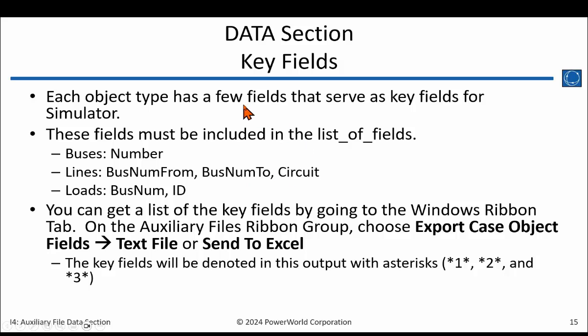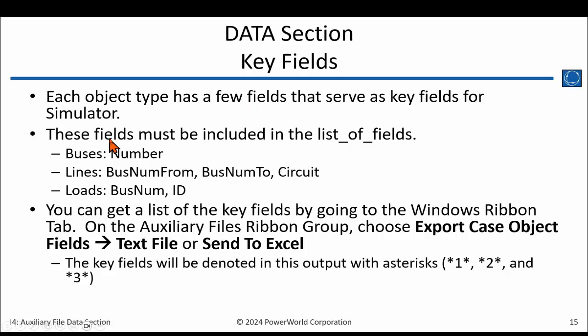Just like when we send stuff out to Excel, that process we describe in the training section on the Model Explorer, you need to have the key fields present with your data so that when it's read back in, Simulator knows which object each line of data belongs to.